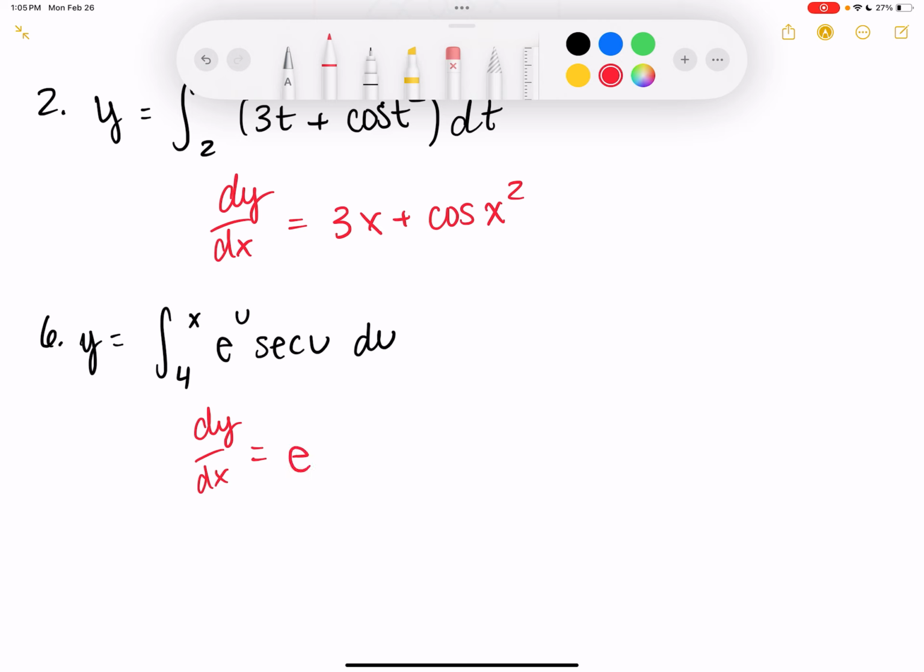E to the x secant of x. It's suspiciously easy. It's giving me a false sense of security. Then should we go to one that's a little harder?